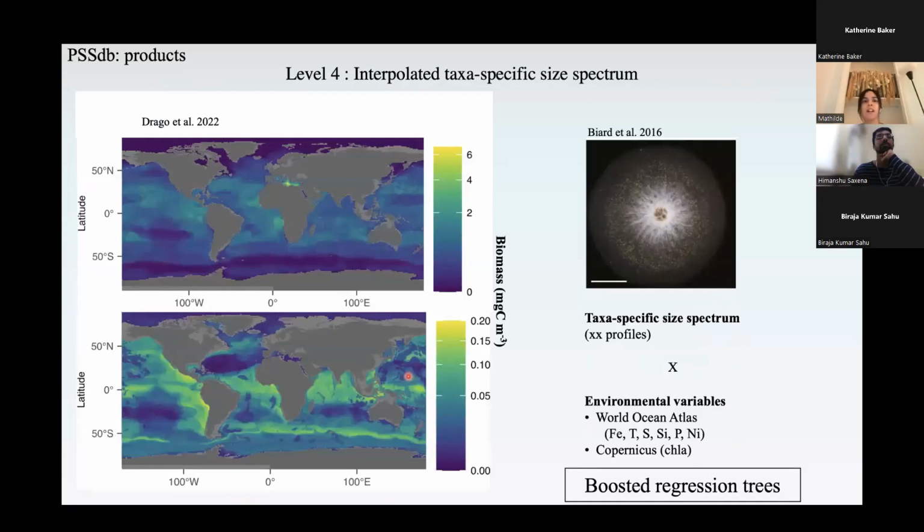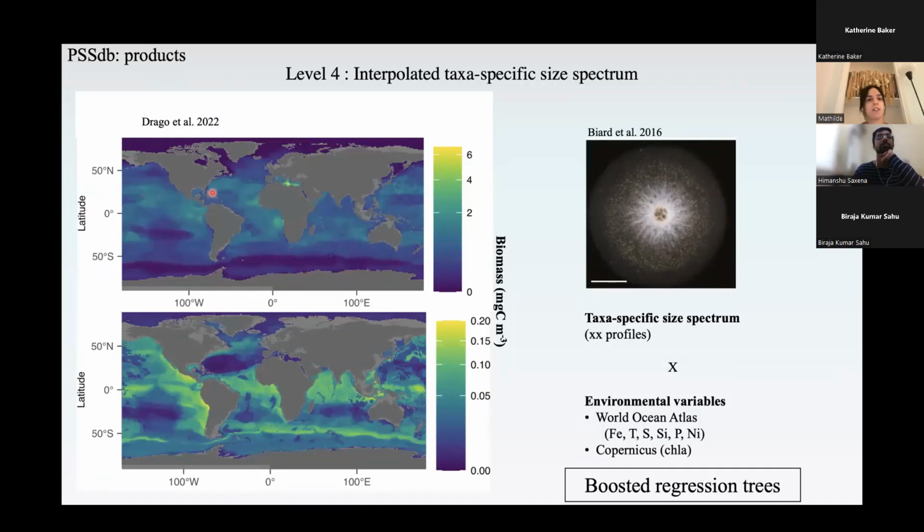But anyway, the first level is then to produce interpolated maps of the size spectrum, but also of the abundance and the biomass of the different groups. And here you have an example. This is from a recent publication from Leticia Drago, who shows, again, just what I told you, the dominance of the Rhizaria in the tropics.